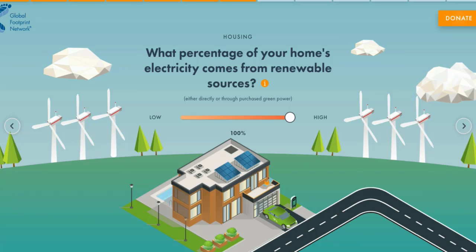Following on from our previous question, we're now looking at renewable sources of electricity. So while my house definitely does not run on wind turbines or solar power, sadly, and I also definitely do not own a Tesla, we purchase green power. So we buy from electricity companies that use renewable means of generating their electricity.